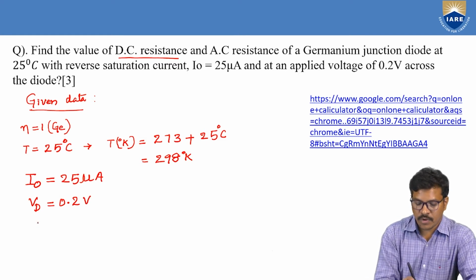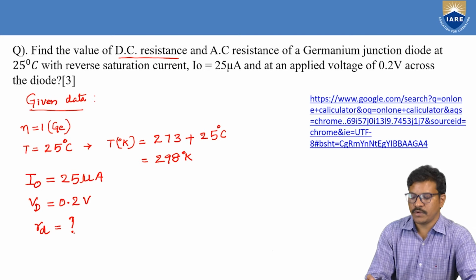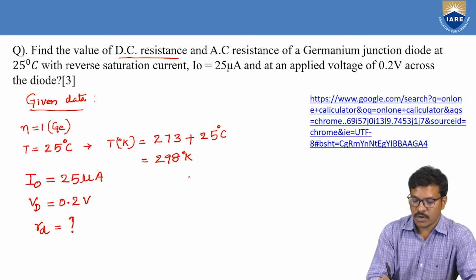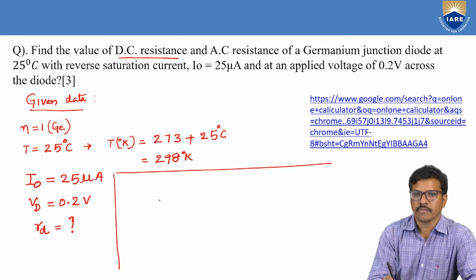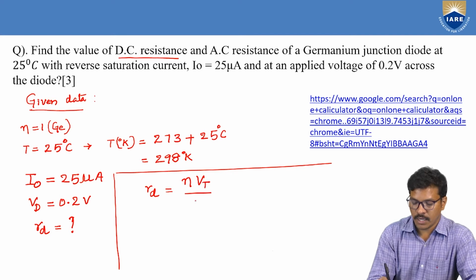Now, what do we need to find? The DC resistance and the AC resistance. For example, the dynamic resistance or AC resistance rd is equal to what? That is what we need to find. Applying these in the formula, small rd is equal to eta Vt by Id.